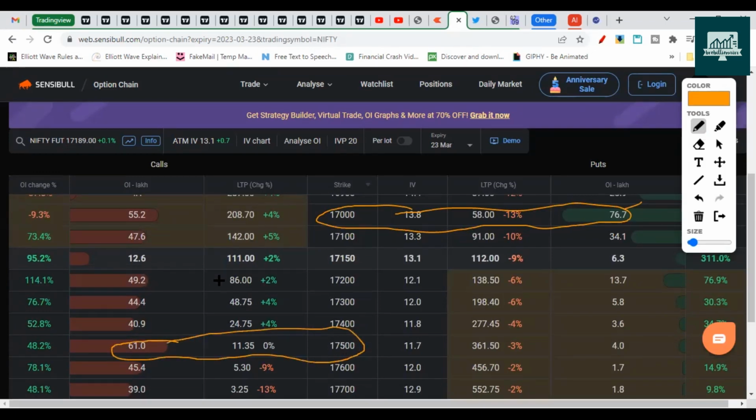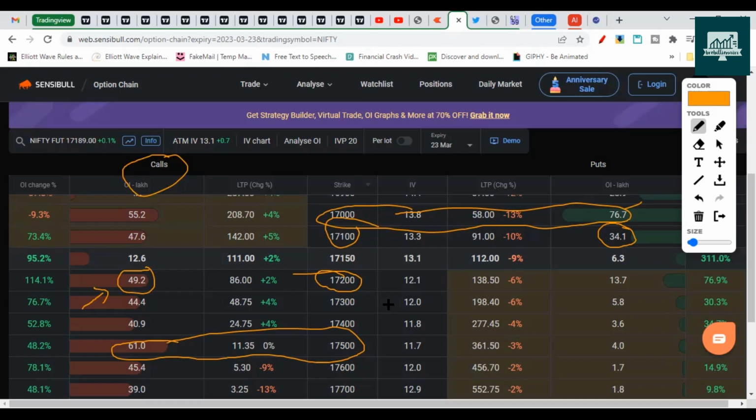The second number that we see as a support here is 17,100, and here 17,200 as a resistance, because we have the second biggest number at 49 lakhs. Call open interest acts as a resistance and put open interest acts as a support.